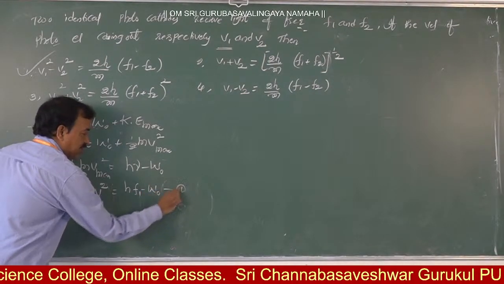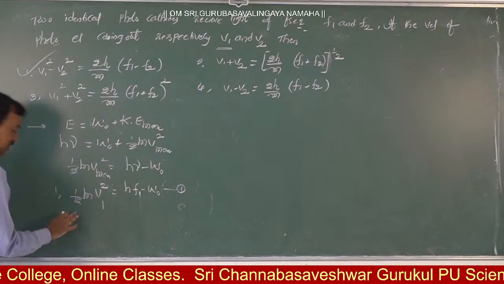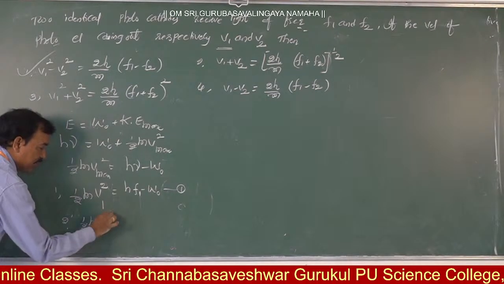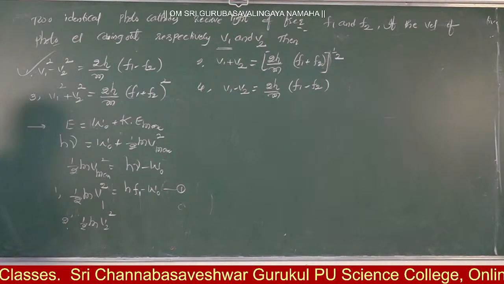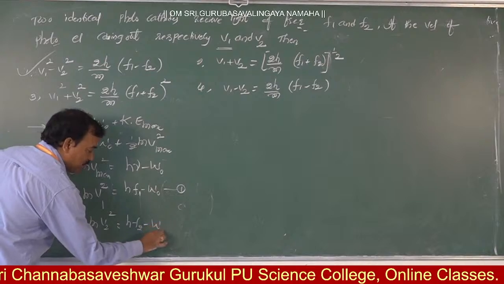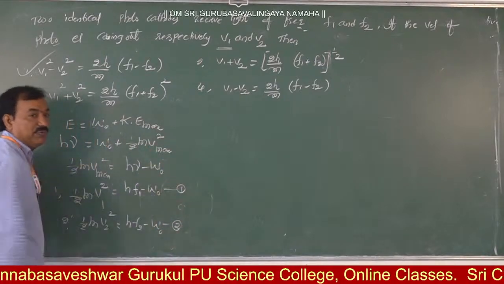This is equation 1. Second case: half m v2 square is equal to h into f2 minus W naught. This is equation 2.